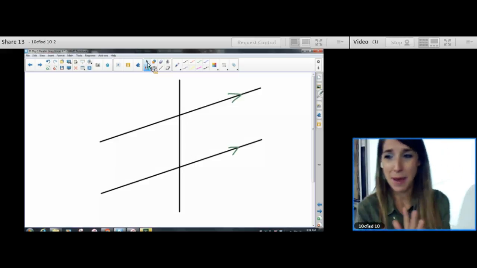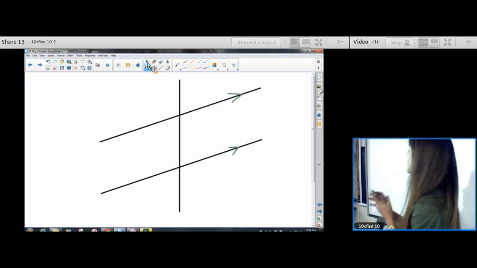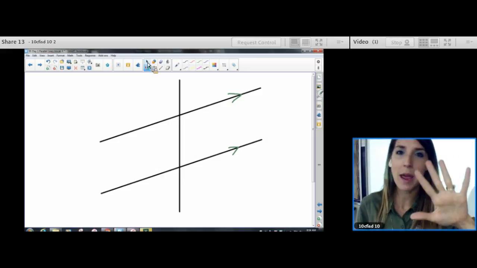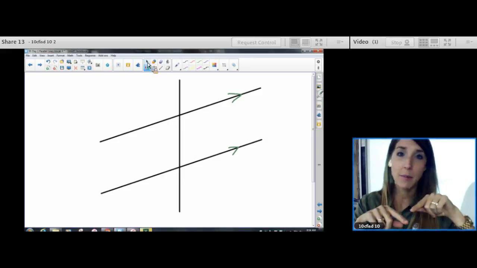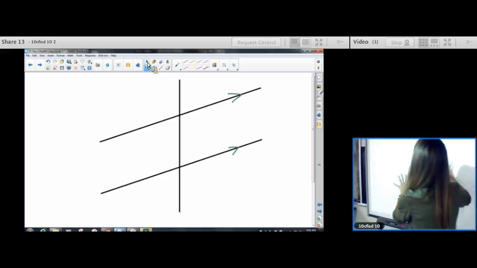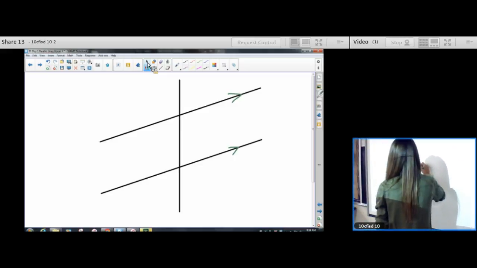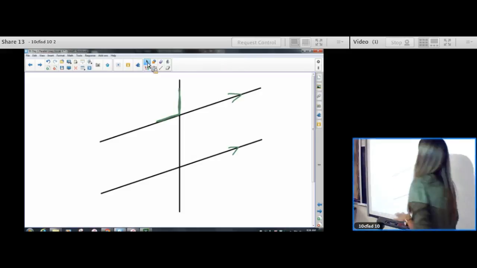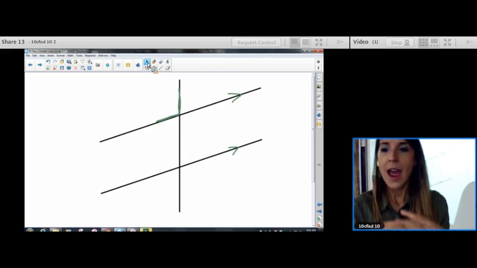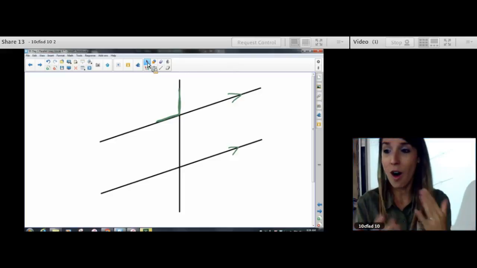If you had patty paper, pretend that you did. What you would do is place that, it's just like tracing paper, on top of your angle, and you would trace one of the angles. Then you would take your patty paper, and you would compare it to all the other angles.